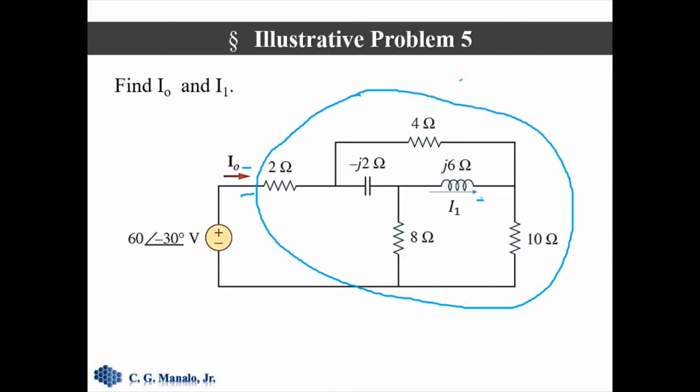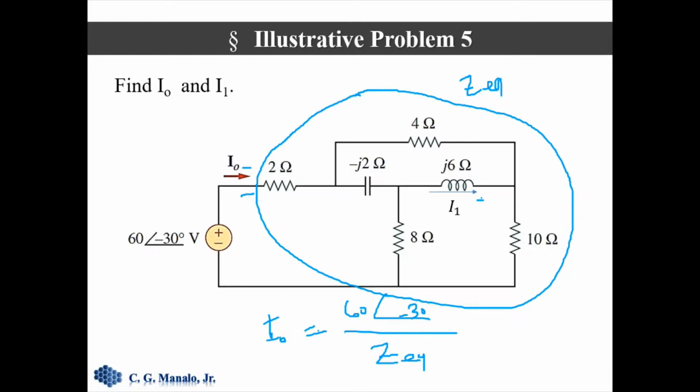Let's say this is Z sub EQ. So I sub 0 would be simply equal to 60 angle negative 30 divided by Z equivalent. And we could also proceed to compute I sub 1 once we compute I sub 0.